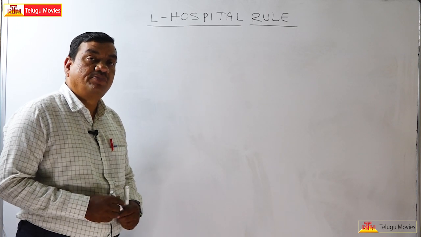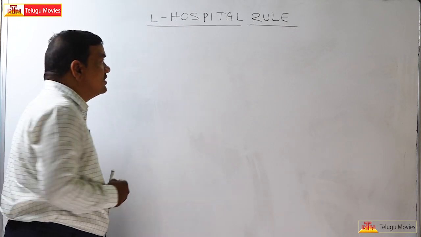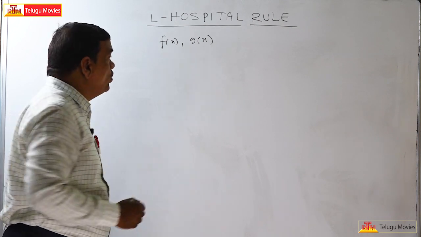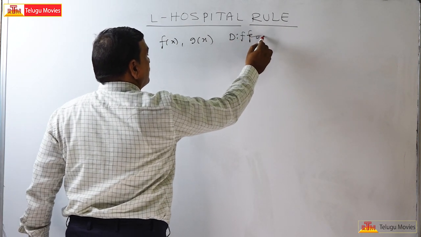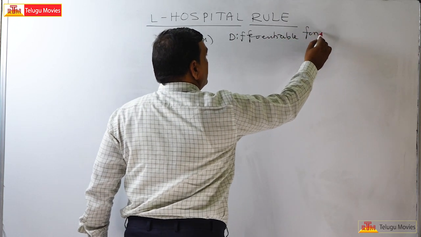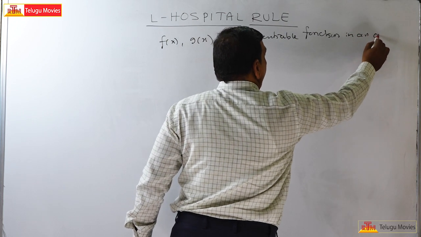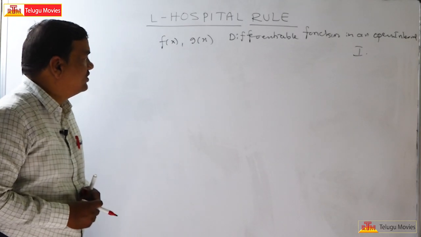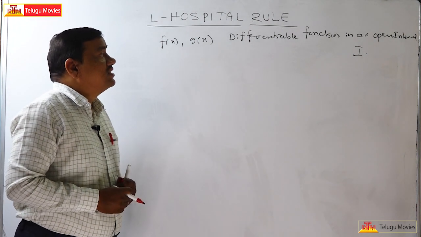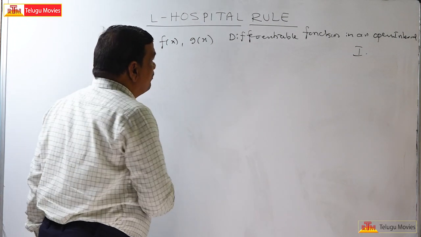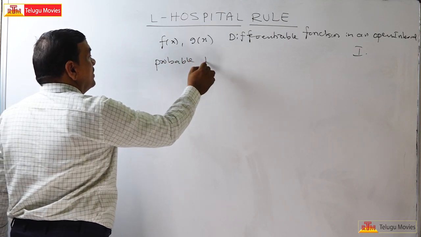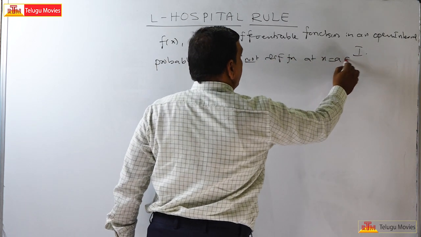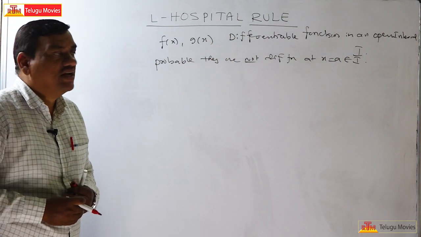To define L'Hopital rule, let us take two functions f of x and g of x, two differentiable functions in an open interval I. Probably they are not differentiable at x equal to a belonging to I. So let us take that there is one point where they are not differentiable.